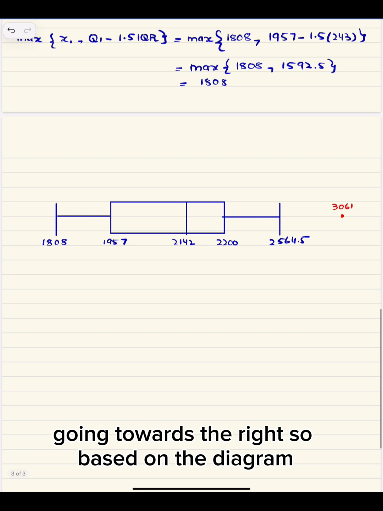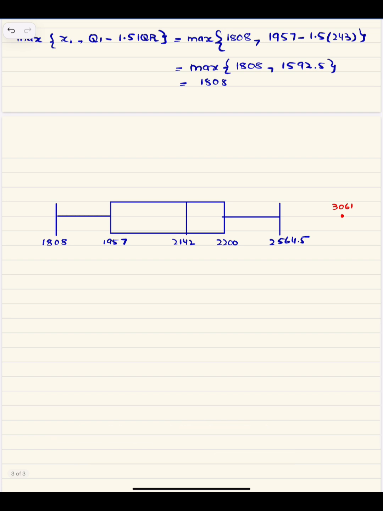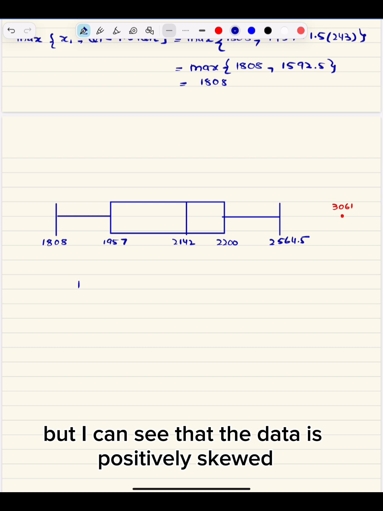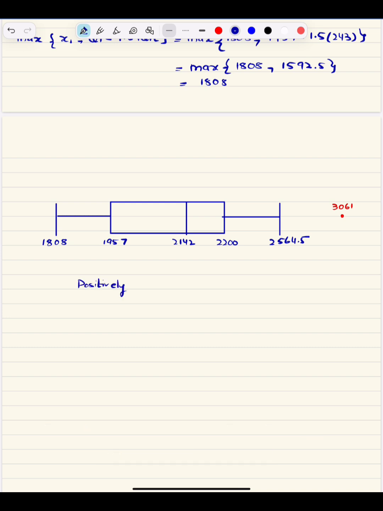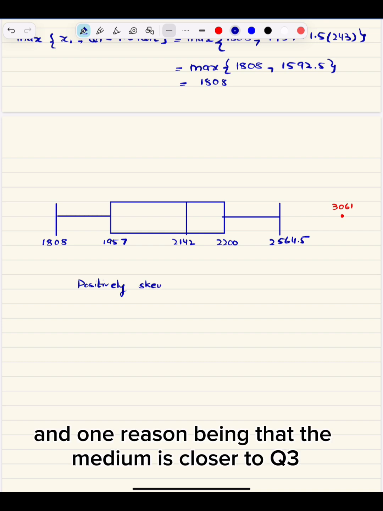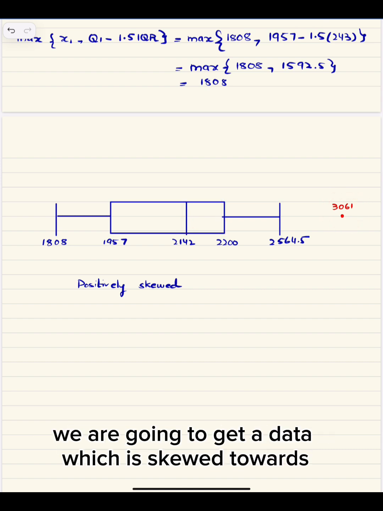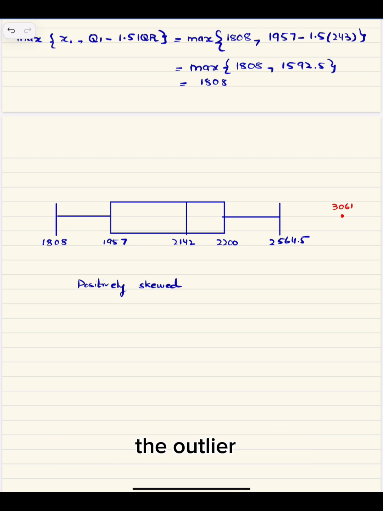Even though I didn't really draw it to scale, based on the diagram I can see that the data is positively skewed. One reason is that the median is closer to Q3, and because of this outlier, we get data which is skewed towards the outlier.